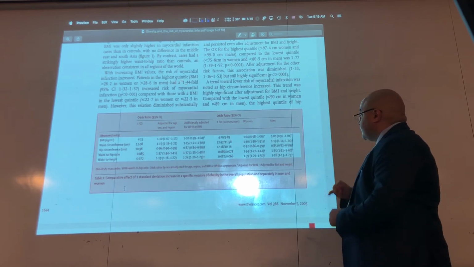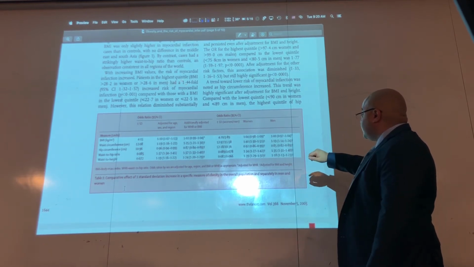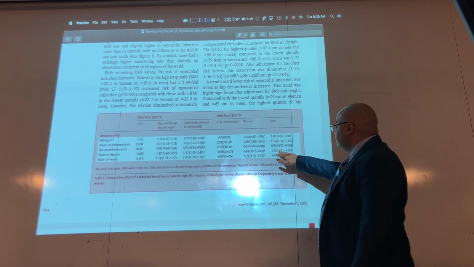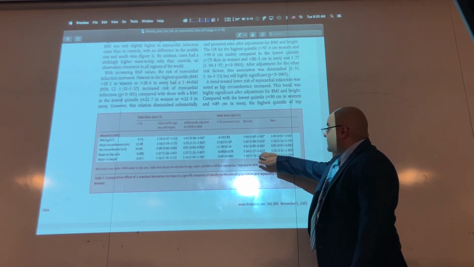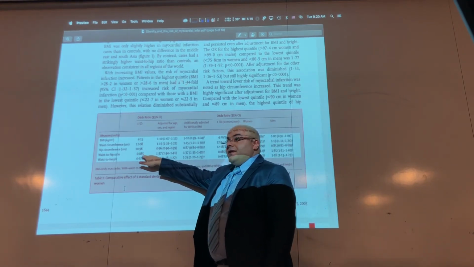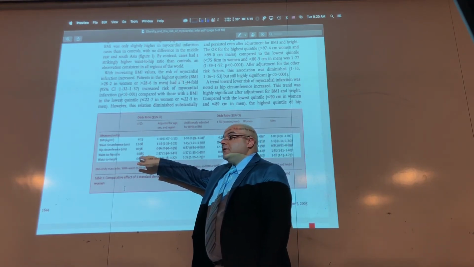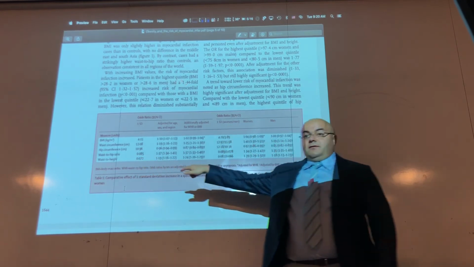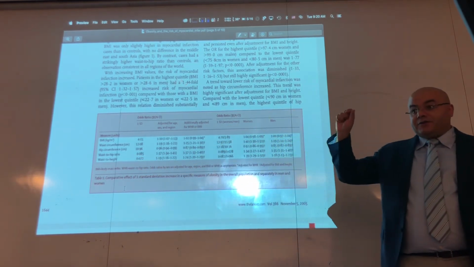So they saw here, notice that the category relatively with waist to hip, with an increase of 0.085 ratio. Remember, it's a ratio.